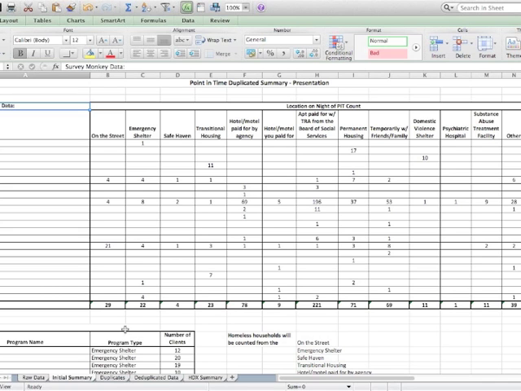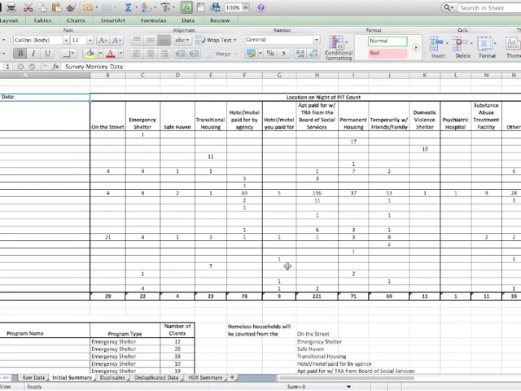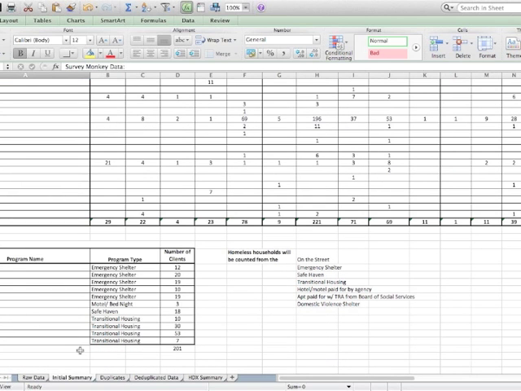Down at the bottom, whereas the SurveyMonkey data table represents the responses collected, these records represent the total number of individuals counted from HMIS. So this is the total number of clients that were actually recorded, as opposed to the total number of surveys in the top table. There are two distinct units of measurement here.